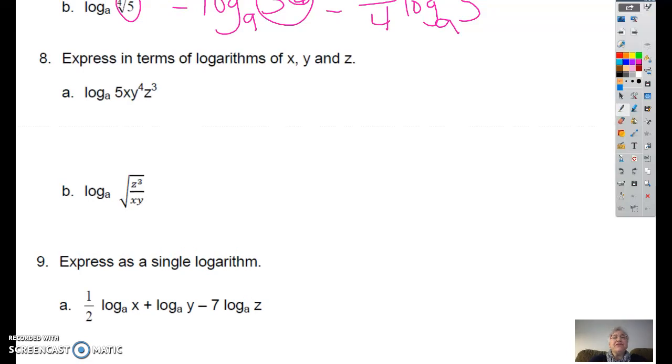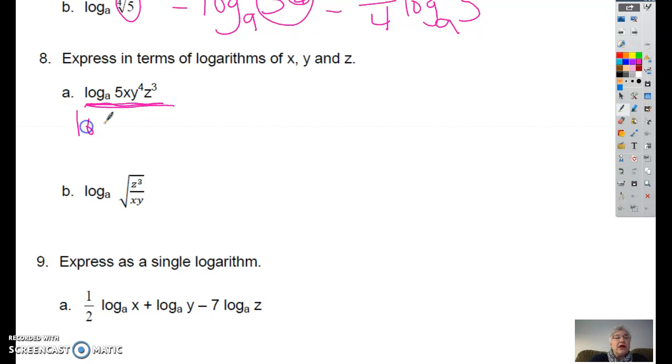Express in terms of logarithms of x, y, and z. Currently, everything looks like it's multiplied. So if I'm expressing in terms of logarithms with a bunch of arguments that are multiplied, I am expanding into addition.